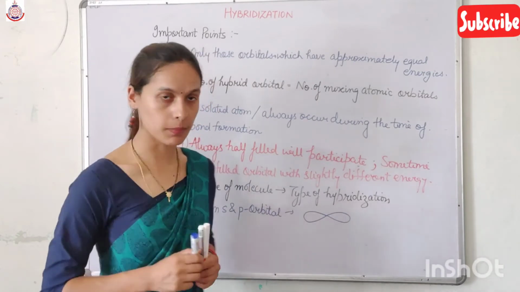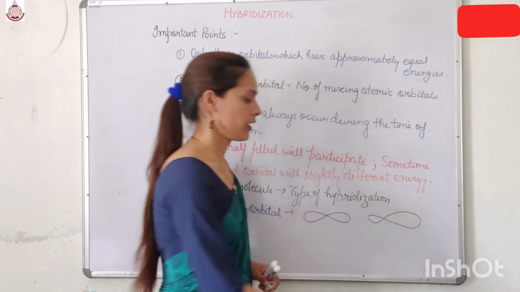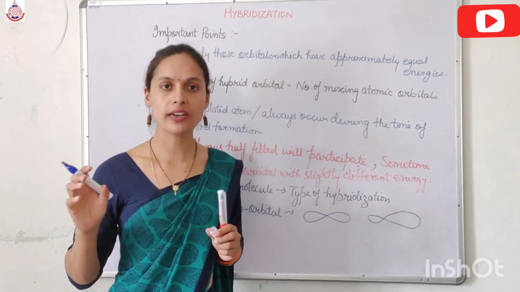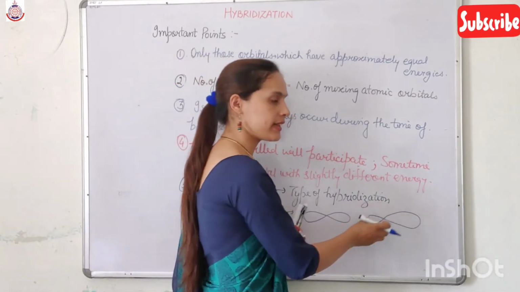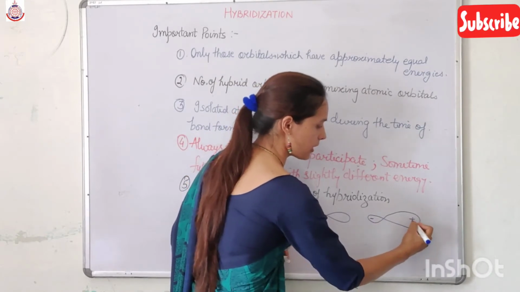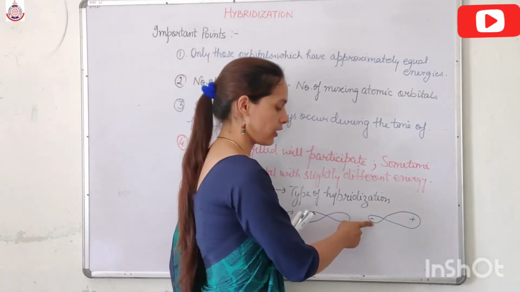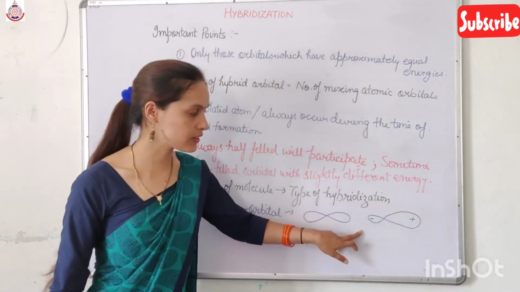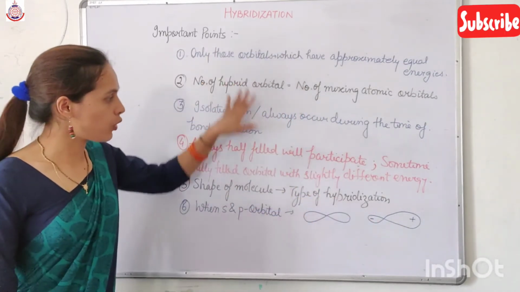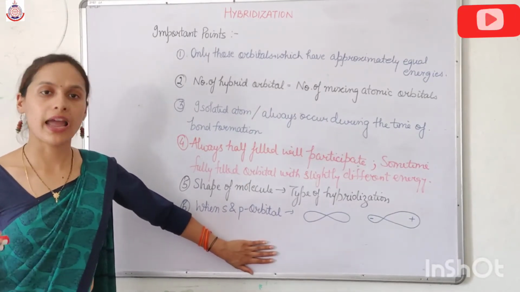But the hybrid orbital is like a p orbital where the sizes of the two lobes are different. One lobe is bigger and the other one is smaller. The smaller one always contains negative charge, whereas the bigger one always contains positive charge. So we have to keep these points in mind at the time of hybridization.